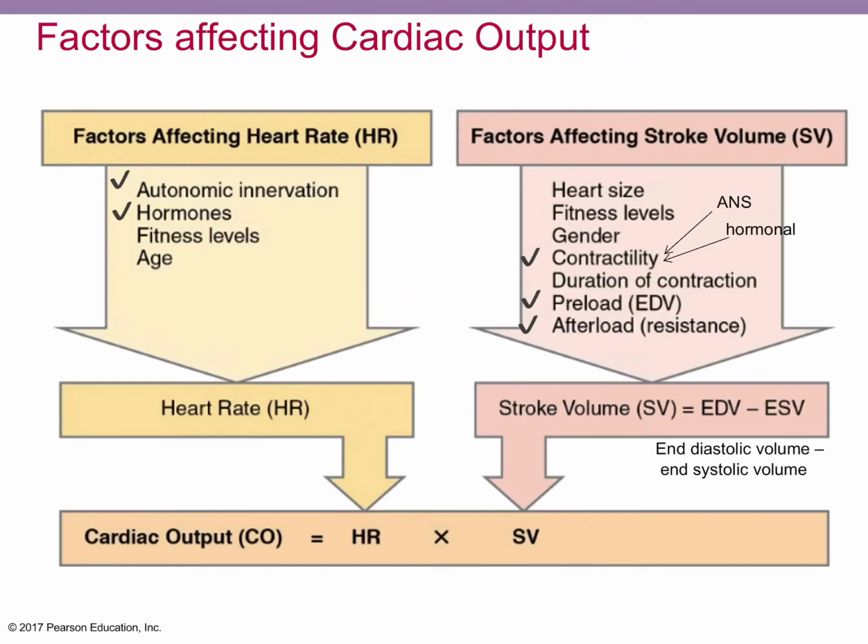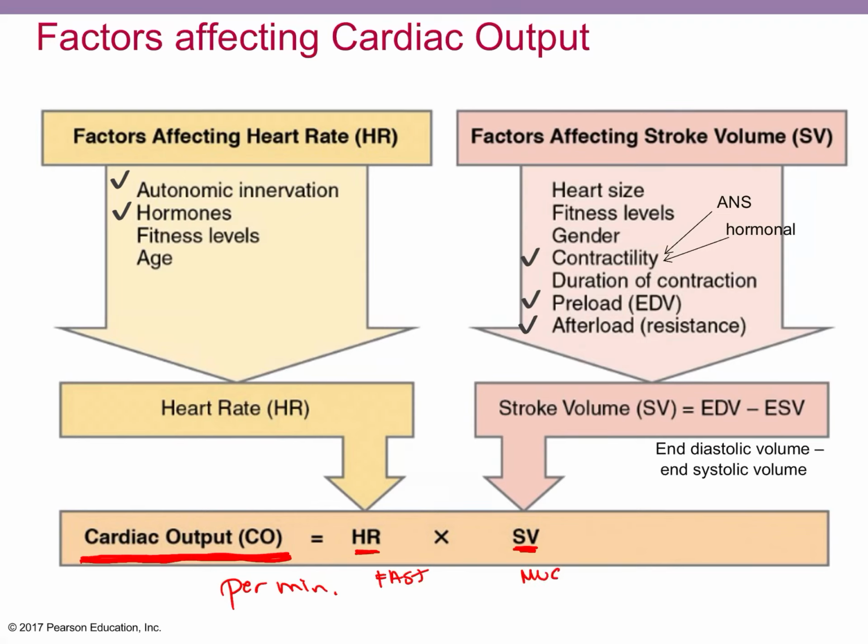So this is the overall flow chart. We're only going to look at a few of these factors. But let's take a look at our cardiac output on the bottom, right? This is how much blood our heart ejects per minute, and it's controlled by two factors, the heart rate multiplied by the stroke volume.